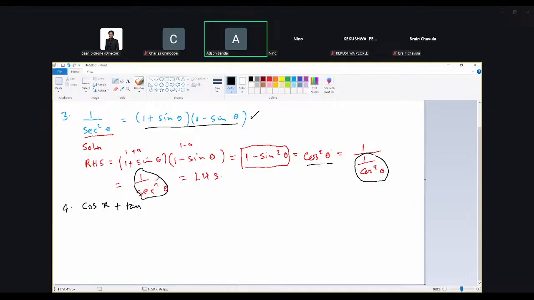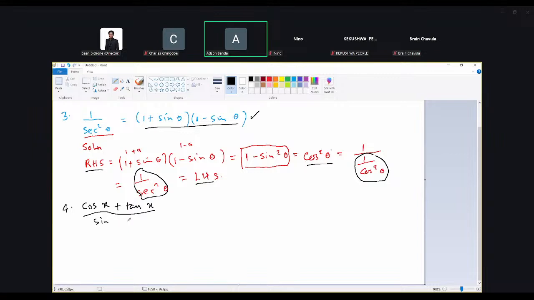So because we have gotten the left-hand side, then we can conclude that the left and the right are the same. Does that answer your question, or is there still something that I'm missing? No, it does. Okay.